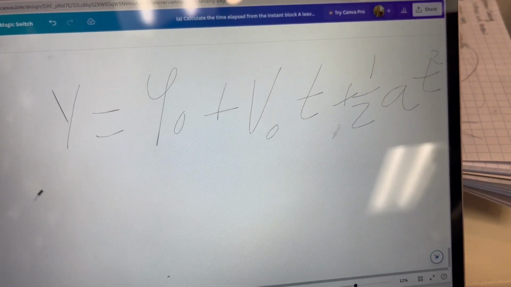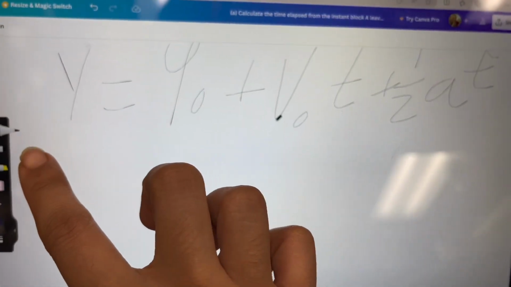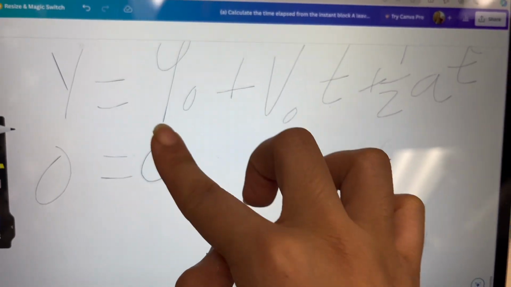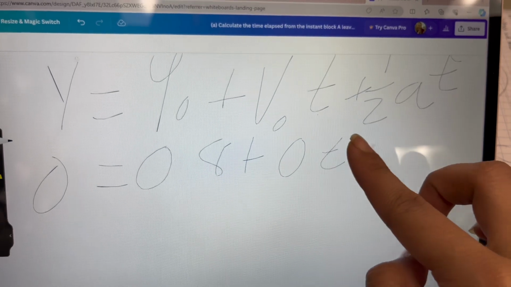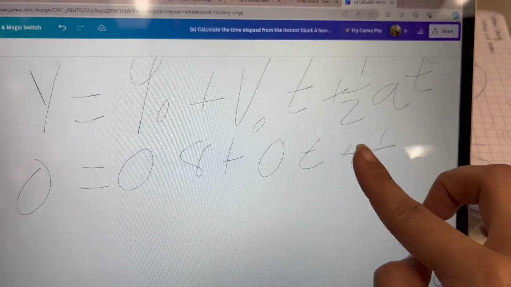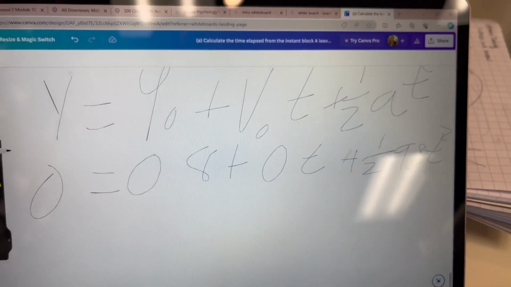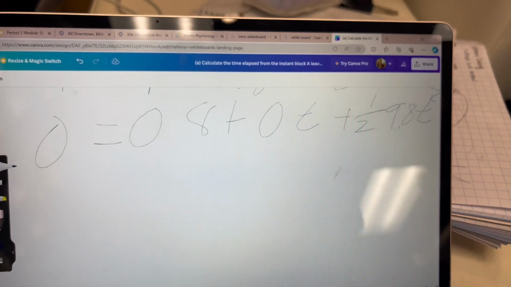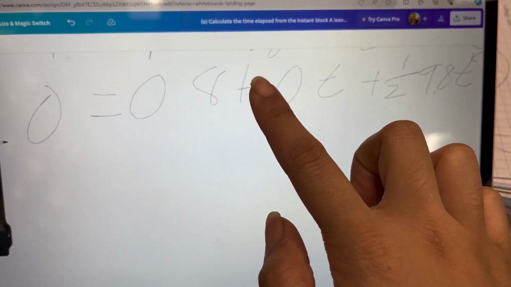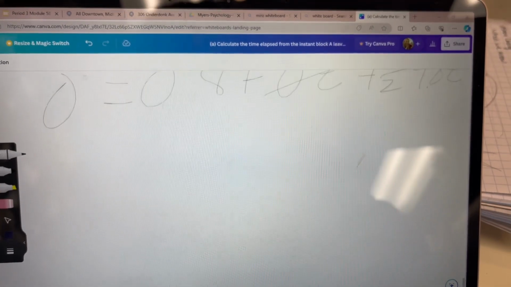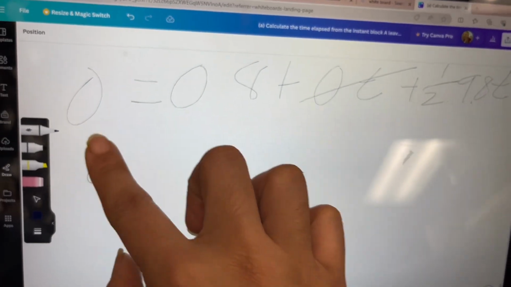And then from here we can plug in the values that we already listed above, which is 0 equals 0.8 plus 0 times t plus 1/2 of 9.8 t squared. And so we can simplify and compress the equation. Since 0 times anything is 0, we can cross that one out, which cancels out our first t variable.